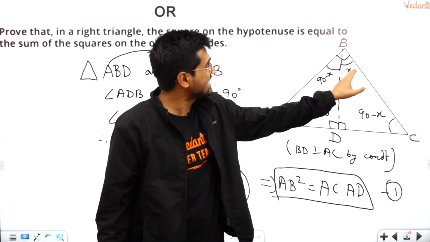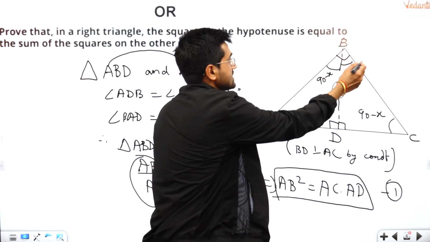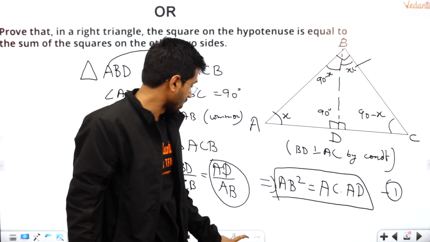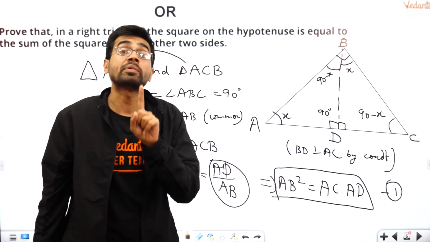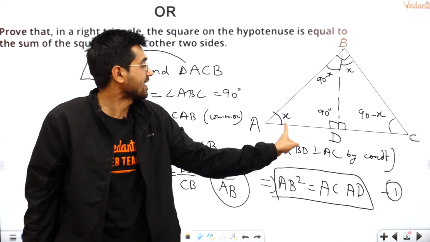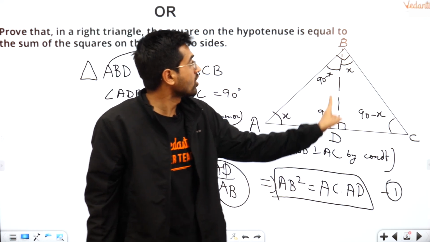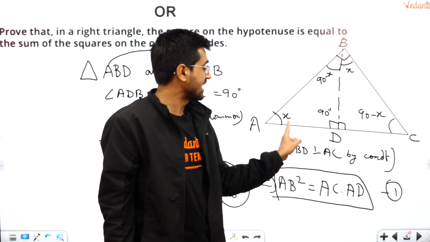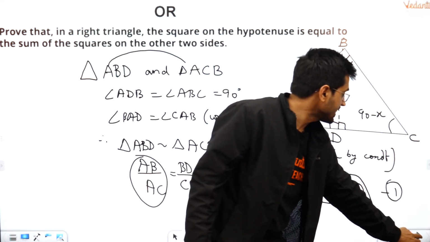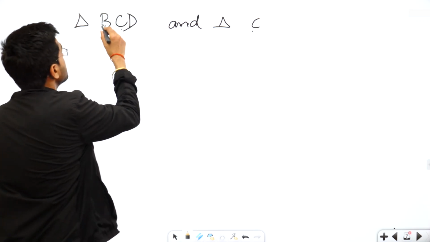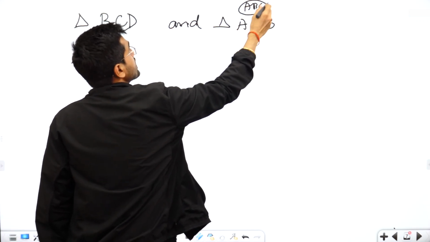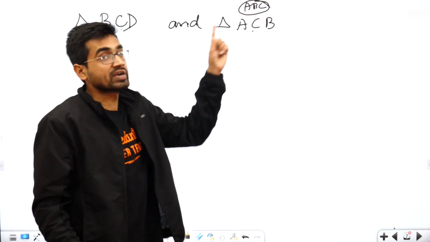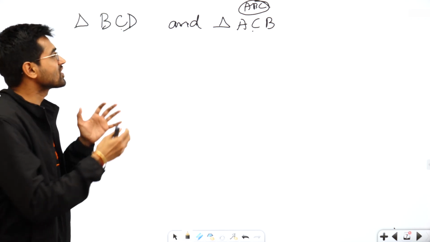What is angle B in BCD? It's x. Now I want in the bigger triangle an angle which is named x. What is that angle? A. A is x in the bigger triangle, B is x in the smaller. So I've got A. So B is going to be matched with A. Just write B because you were searching in this triangle only, ABC. But you wanted the correct vertex. Now you just have the fun.